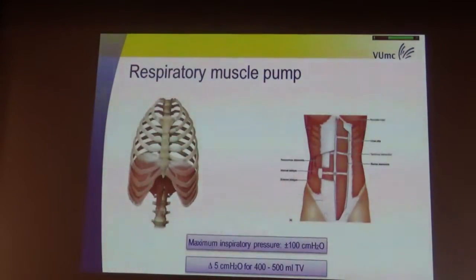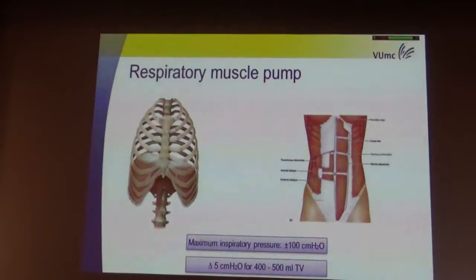When the load imposed on the diaphragm is increased, additional respiratory muscles may be recruited, including accessory inspiratory muscles, scalene, sternocleidomastoid muscle, and when the load is further increased, expiratory muscles might be recruited, including the abdominal wall muscles.